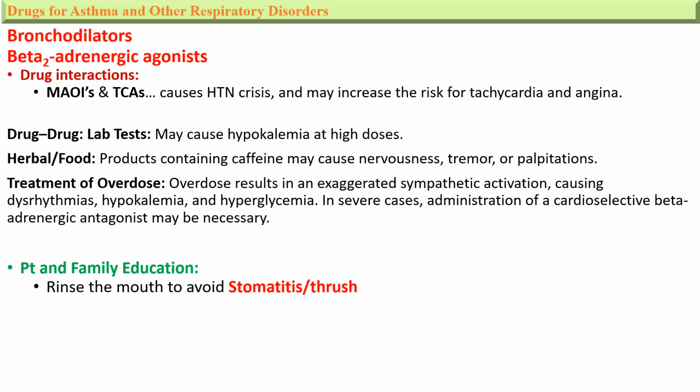Concurrent use with beta blockers will inhibit the bronchodilation effect of albuterol. So patients should also avoid MAO inhibitors and TCAs within 14 days of beginning the therapy.